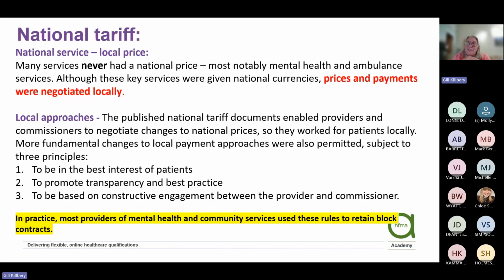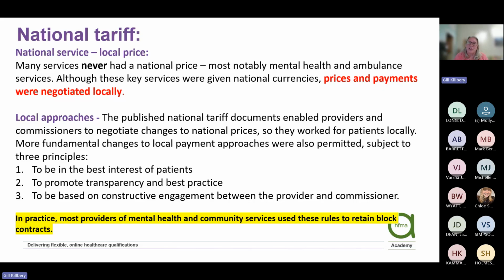You can have a national service, so something that's provided frequently across the country, but a local price. So these are services that have never had a national price. Again, things like the mental health, the ambulance services, things that everybody uses, but there's not necessarily a national price for it because we're still in the process of calculating what the real costs are and how we can make it so that we're not having a price for 100,000 different ways of doing something.